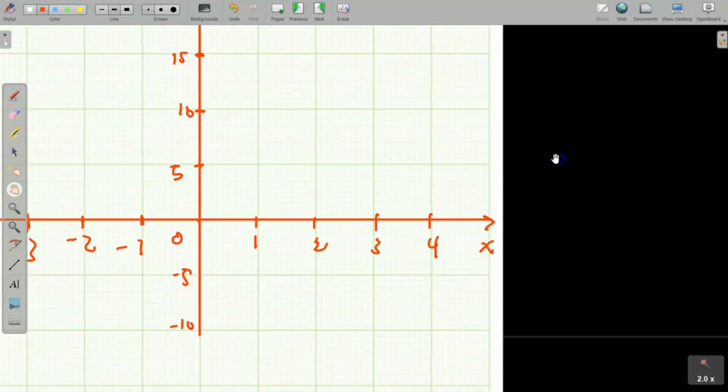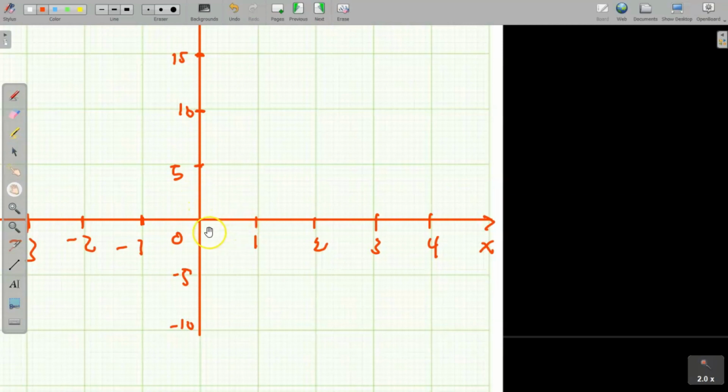One box is 0.5, two boxes will be 1. So every two boxes represent 1 unit on the y-axis.